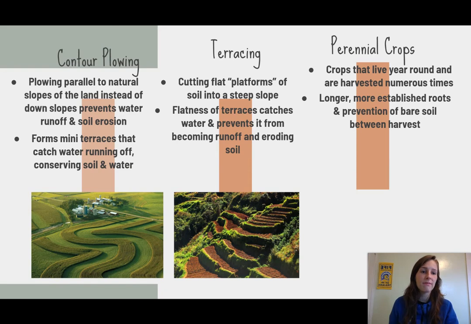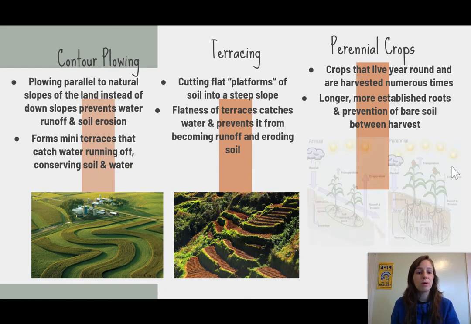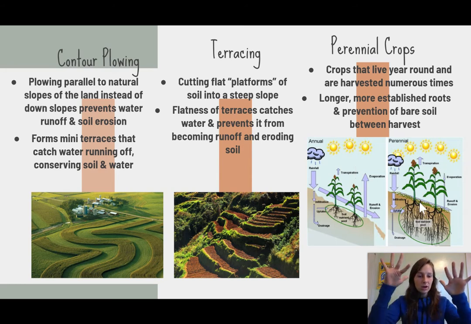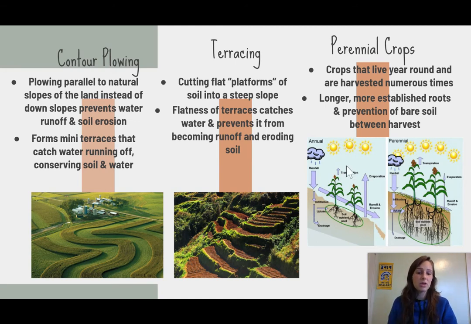And remember that vegetation prevents erosion. If you look at this diagram here, the right-hand side is over time. With these perennial ones, you're going to get a lot more of the roots into the soil. On the left-hand side is annual, ones that are pulled out every single year. You don't get as much of that root protection of the topsoil, and so you're going to be more prone to erosion.